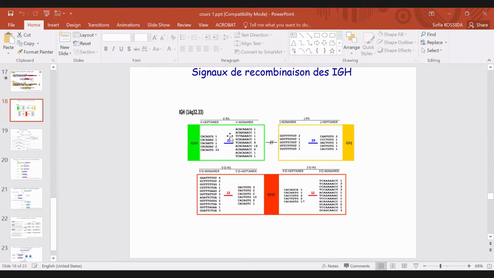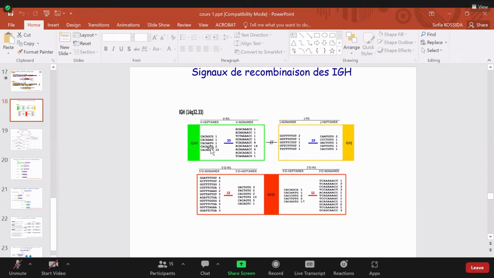Is this clear? Can you repeat again? Yes, sure. I can repeat the rule, or I can repeat from the very beginning. Just the rule. Remember, the day before yesterday, we were looking at the recombination signals. And we said a recombination signal consists of 3 units.